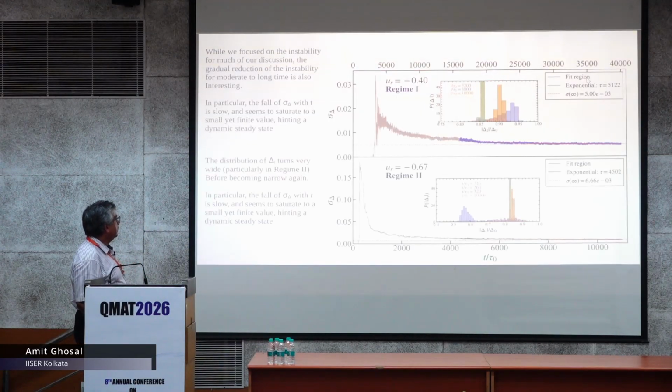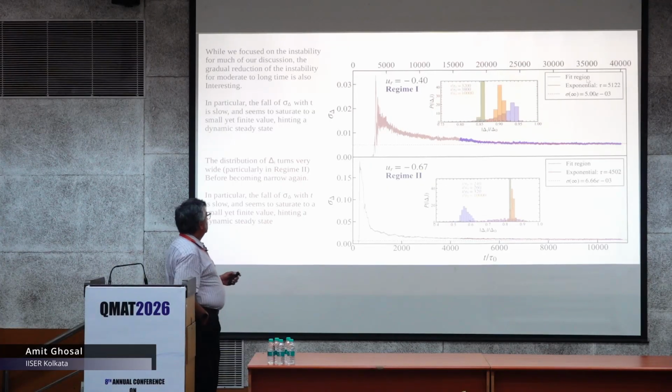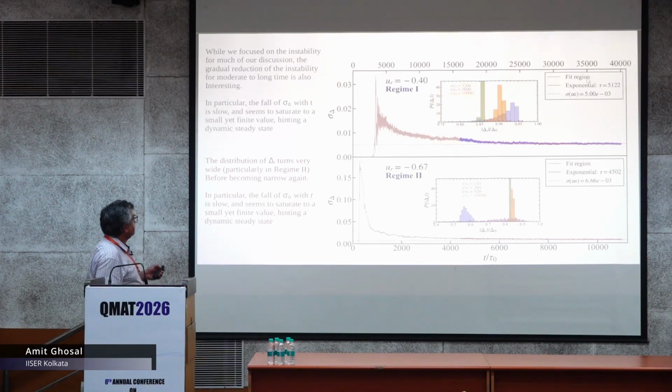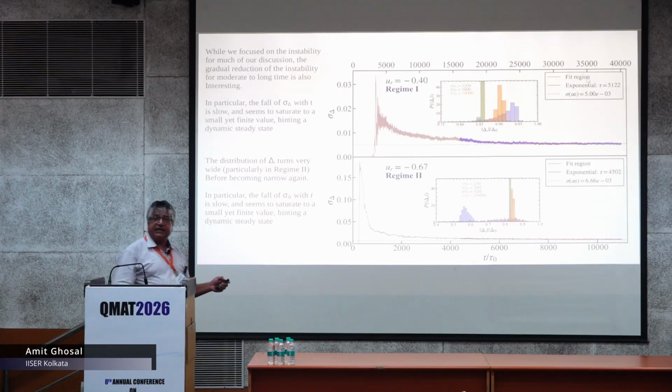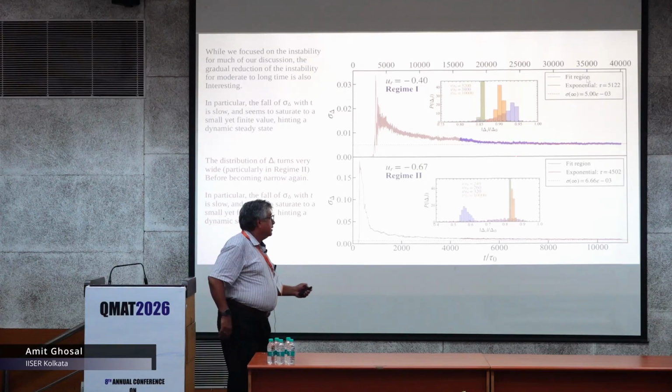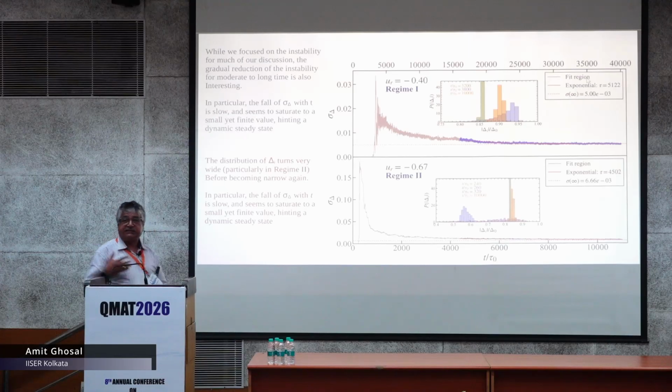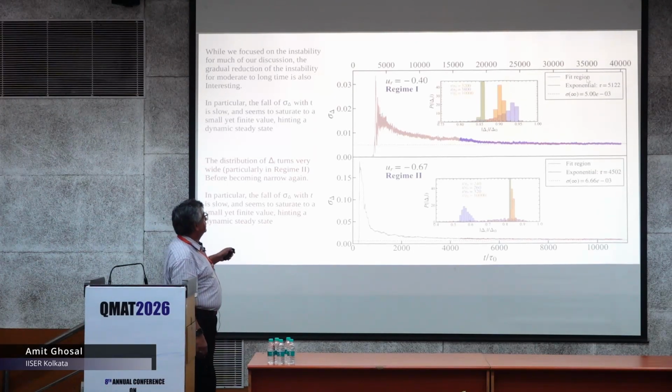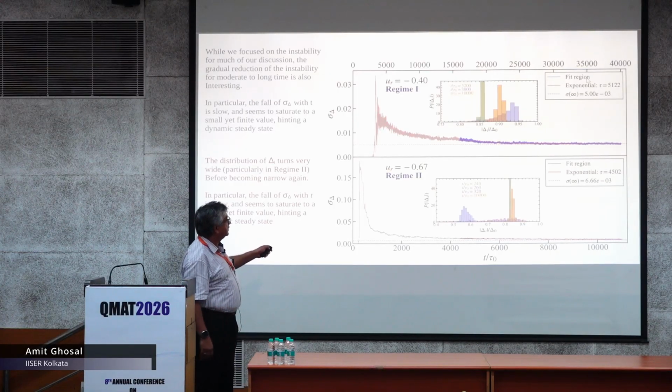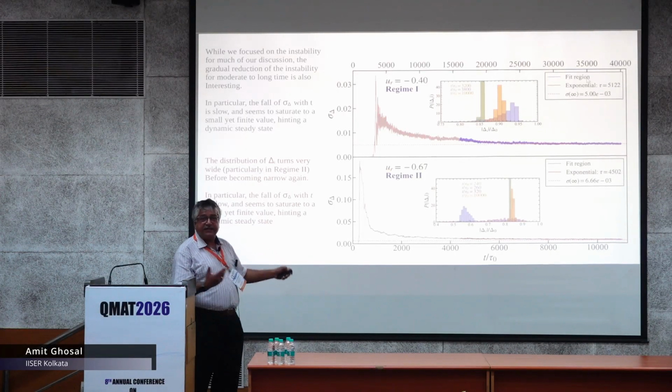While the instability is interesting and I have been talking a lot about it, what is also interesting is how the system behaves beyond the instability. The sigma delta decreases beyond the onset of instability, very, very gradually.